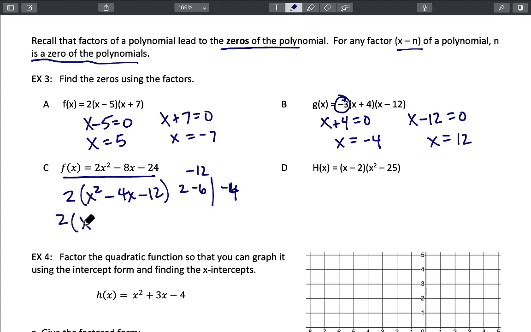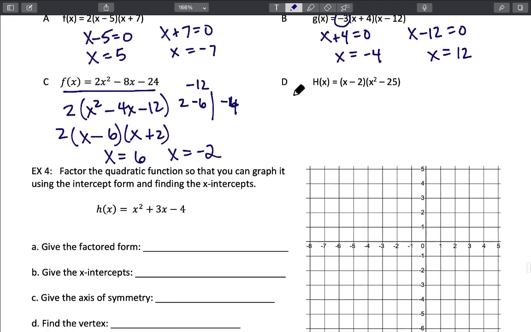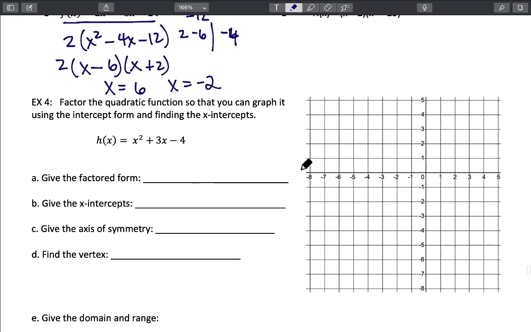So my factors are x minus 6 and x plus 2. To find the zeros, my zero here is 6, and this other zero is negative 2. Go ahead and try letter D on your own.